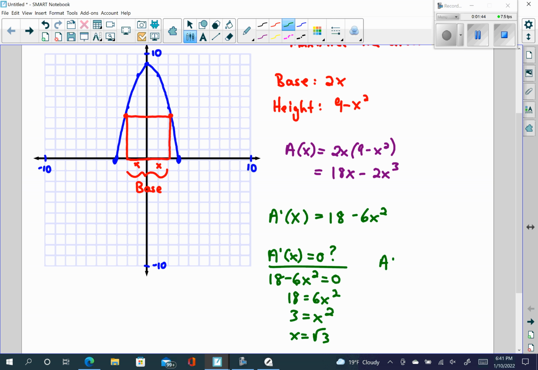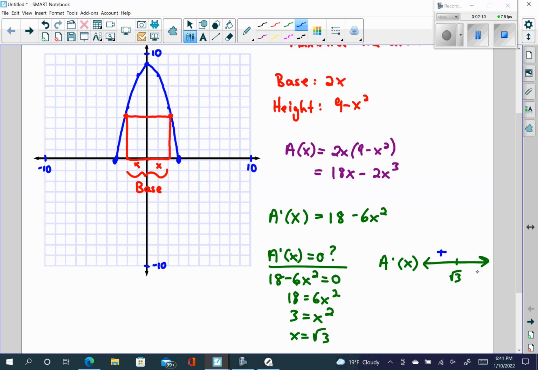We still want to justify that we're going to have a max value at this x value here, so we're still going to make a number line. Notice how I labeled it A prime of x. We're going to have radical 3. So let's say I just substitute in a 0. So 18 minus 0 is going to be positive.